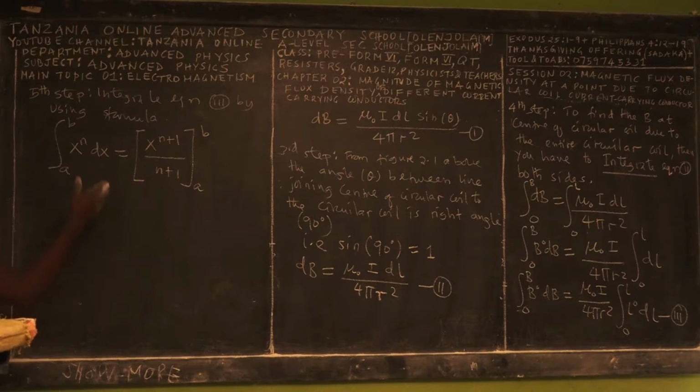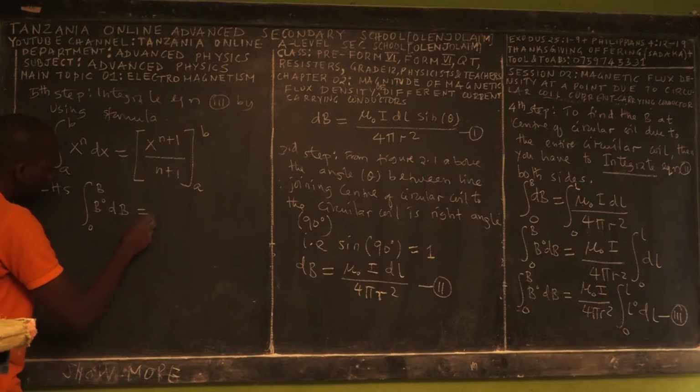So for this formula, on the left hand side, we have integral from 0 to magnetic flux density, the magnetic flux density power 0, dB, small change in magnetic flux. Right? So if you check this formula, n is 0. dB is equivalent to dx.